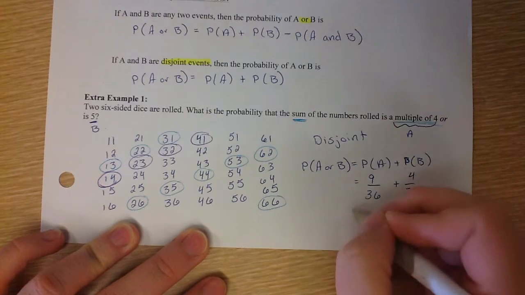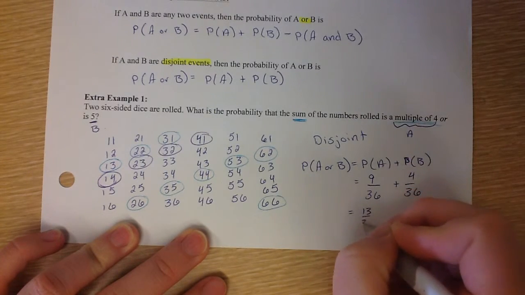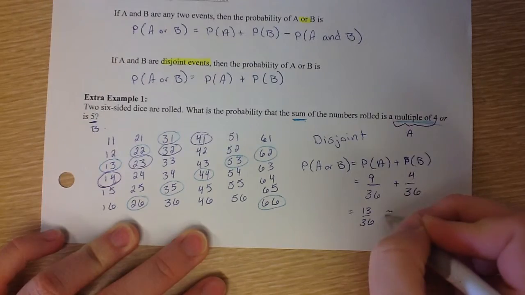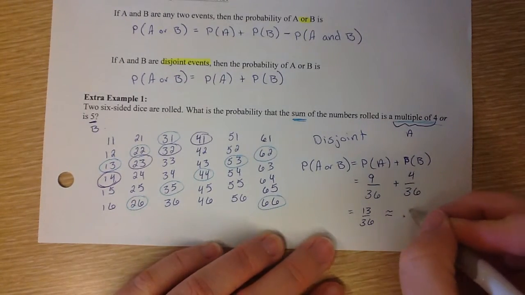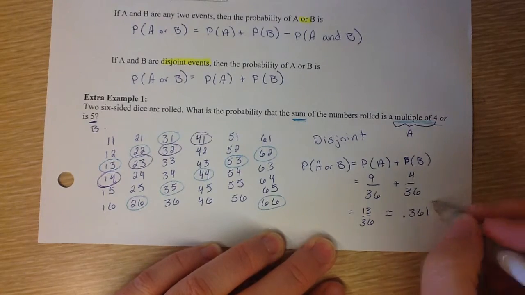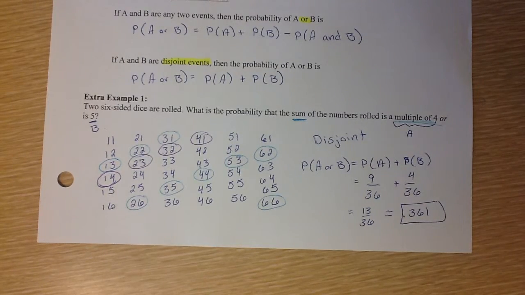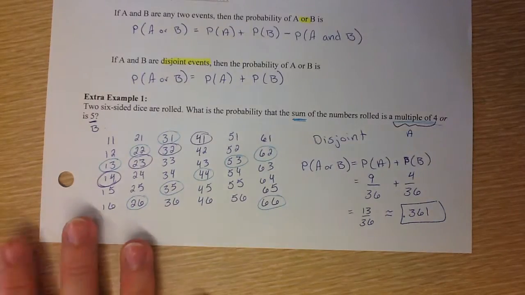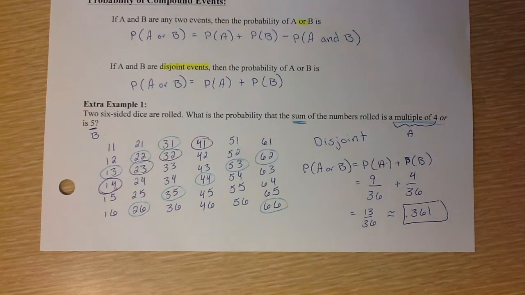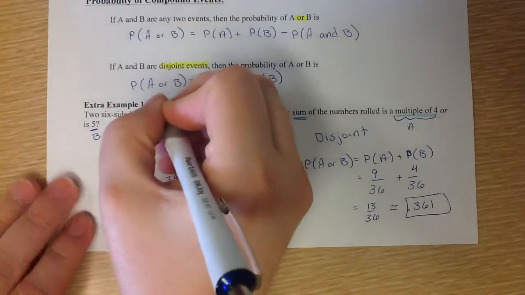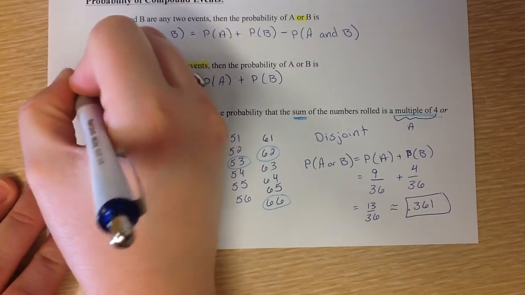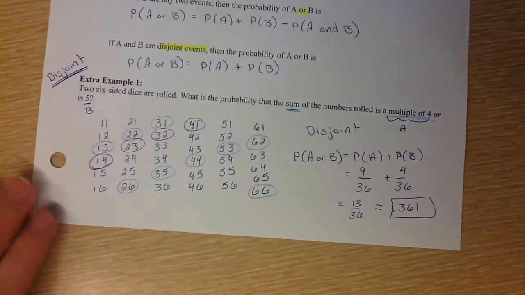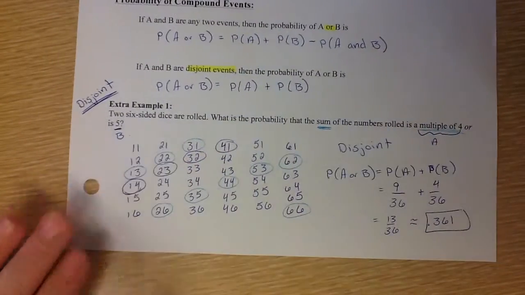So when you add these, we get 13 out of 36, which simplifies to, type in our calculator, 0.361. So there is the probability of getting a multiple of 4 or a 5. Okay, so rolling one or the other. So this example 1 is an example of a disjoint probability.